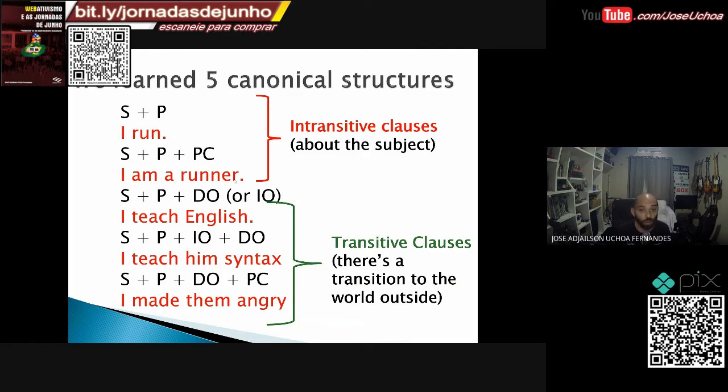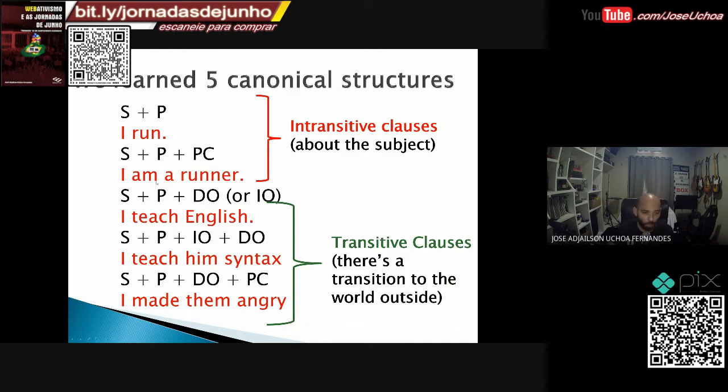From the most basic to the more complex structures, we have the one that is subject predicate, like I run. I run is an intransitive clause. It's not necessary to say where I'm running to. It's an intransitive verb, it does not require an object.